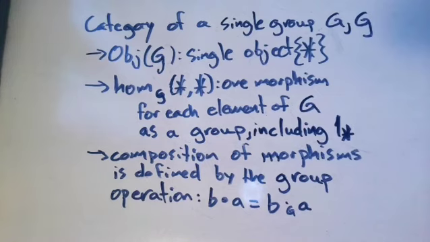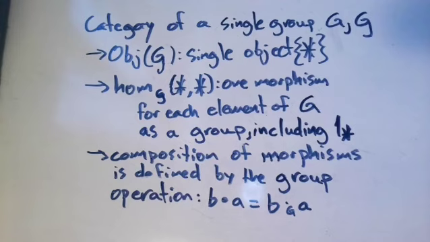So we need to somehow translate the language of individual elements in G, as well as the group operation on those elements in G, without referring to individual elements in a set. The way we do this is by having only a single object in curly G, a singleton, which we might call star, as well as the only home set in curly G, which will be from star to star, being simply the elements of G when viewed as a group.